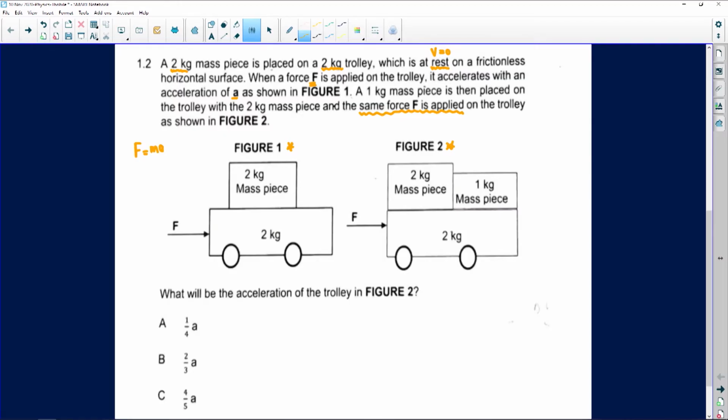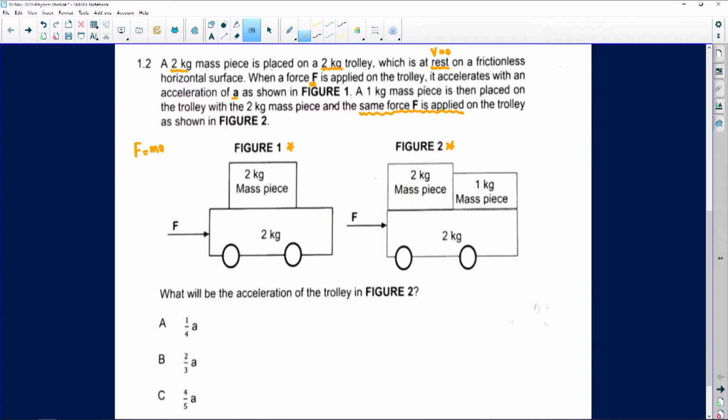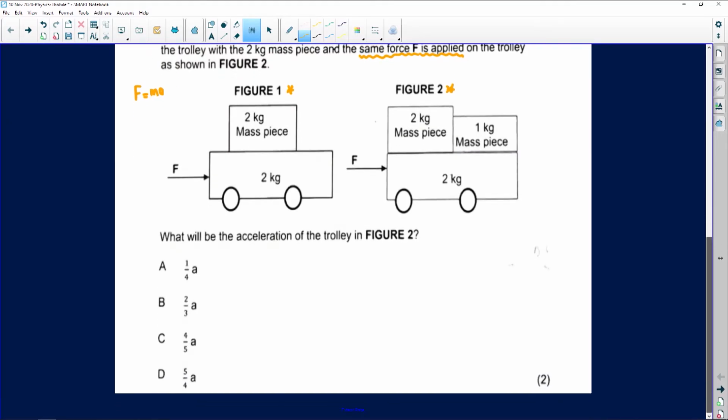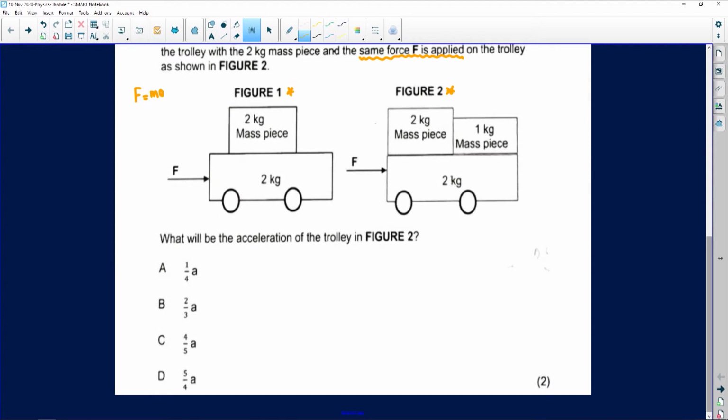So this means now we've got Mbali, now we've got me, and then we've got Sane. Now there's 3 people. Remember, now together collectively, the 3 are making one mass. Again, you do not look at them individually. So it is applied on the trolley now as figure number 2. Now they're asking us, what will the acceleration of the trolley be at figure number 2?